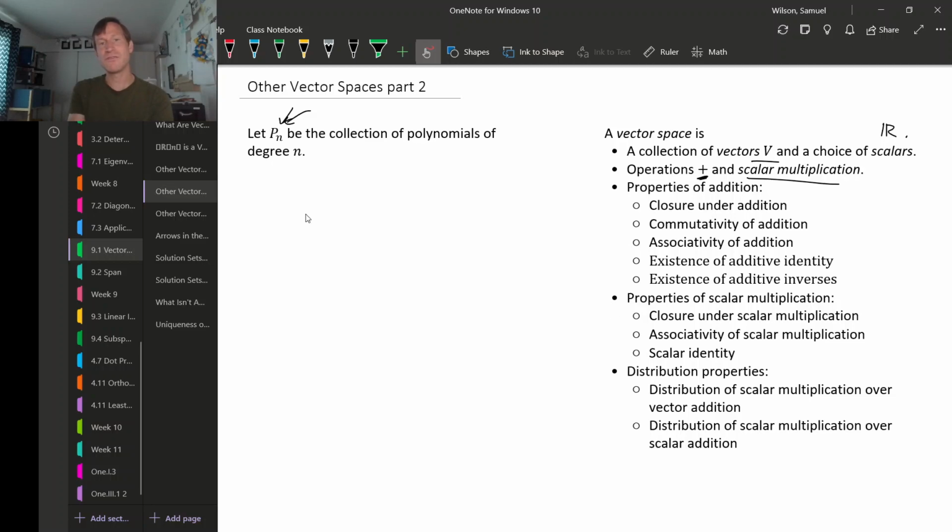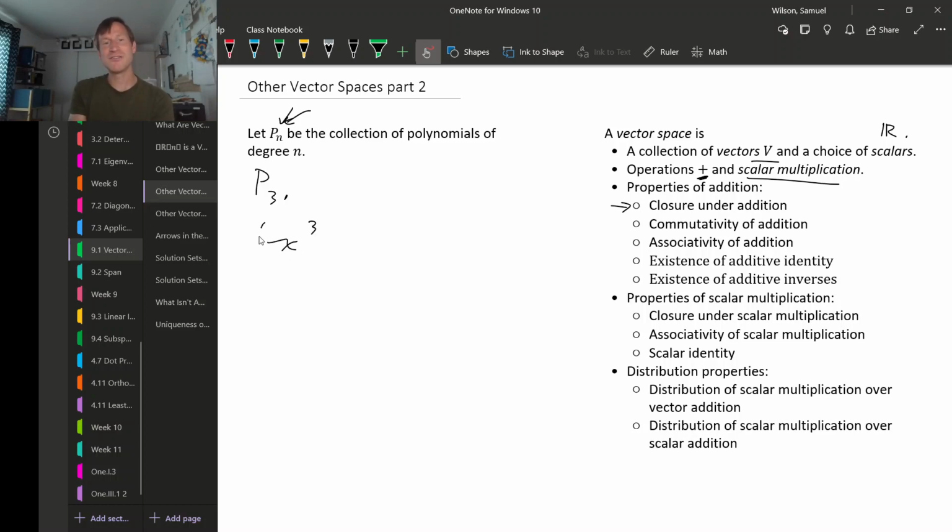Just to be concrete, let's say we're asking about P sub 3, so polynomials of degree 3. Is polynomial addition closed for P3? Well, it seems like it, right?